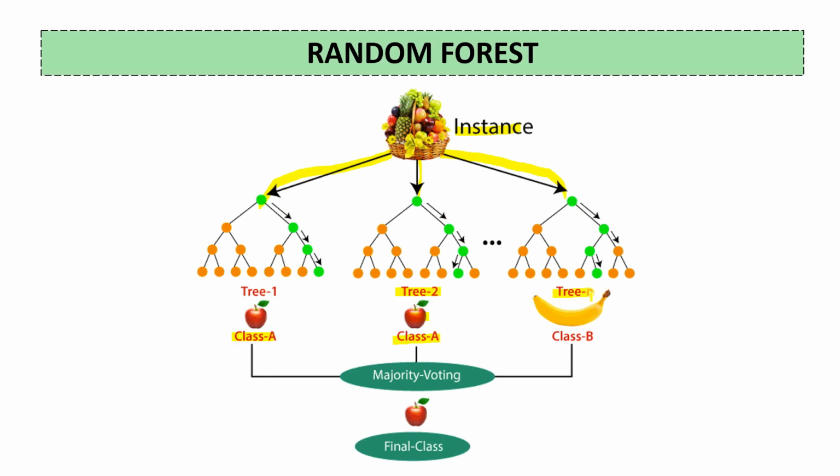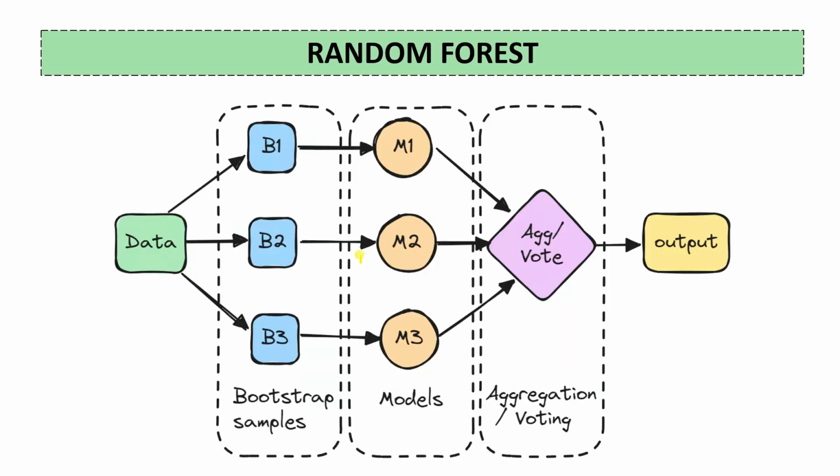Tree number three classifies it as class B, I mean banana. So the majority voting is apple, which means our final class is apple. That means we are using multiple decision trees, and after that we simply use majority voting. Then we get the random forest.